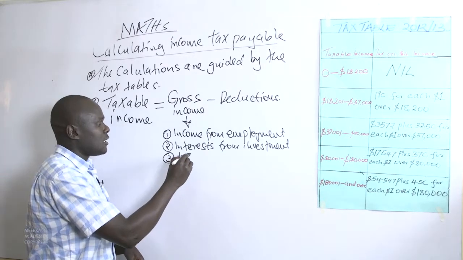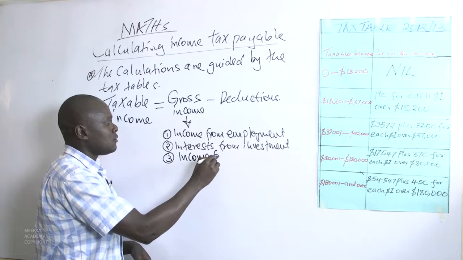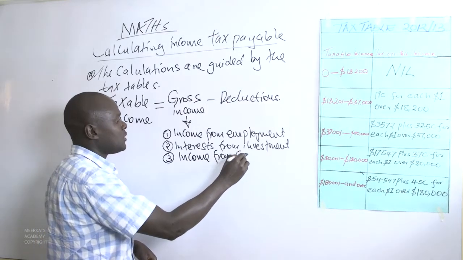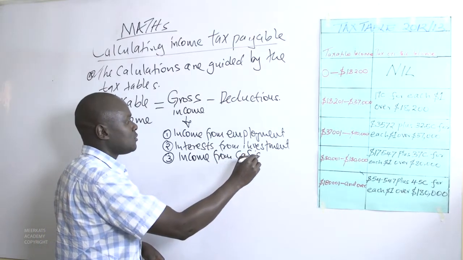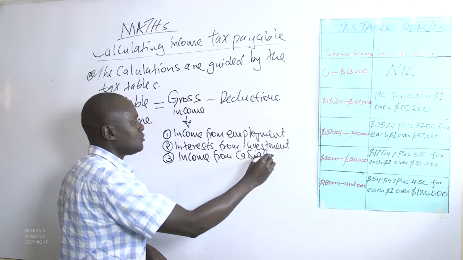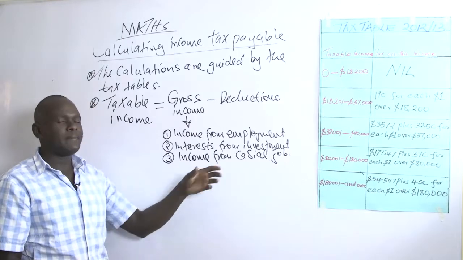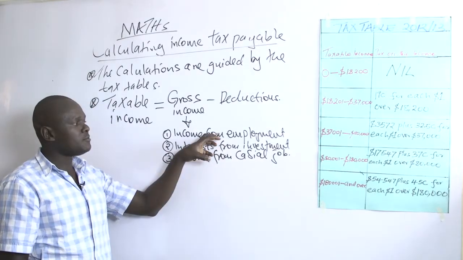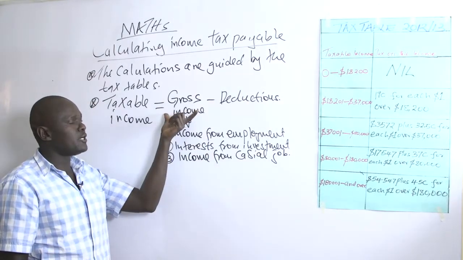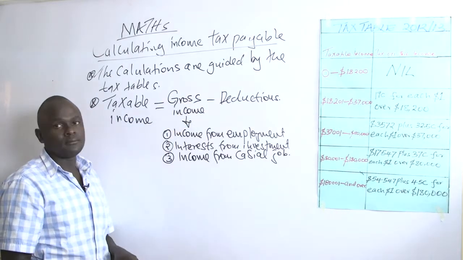We can call it income from a casual job where you work part-time. These are just some of the things that can contribute to gross income.